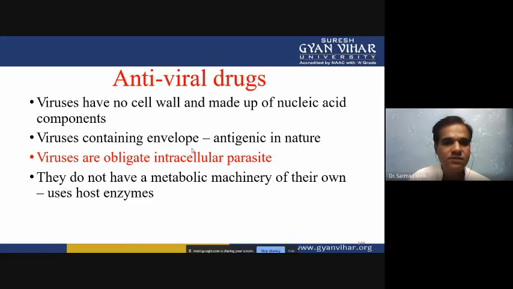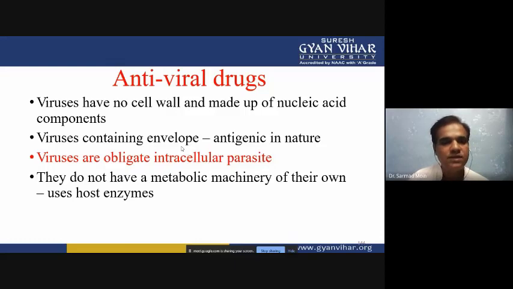Many antiviral drugs are available for viruses, and viruses have no cell wall. You will see they don't have any cell wall or plasma membrane. There are two types of viruses, enveloped and non-enveloped. Inside they have a capsid, and inside the capsid they have either DNA or RNA.